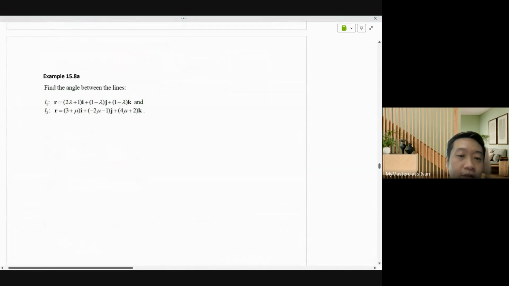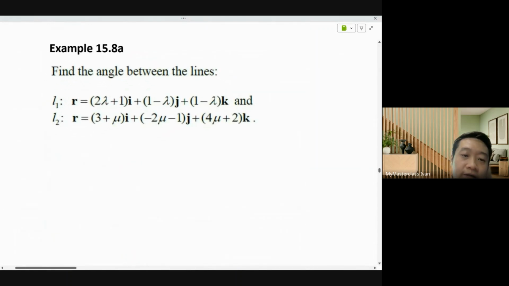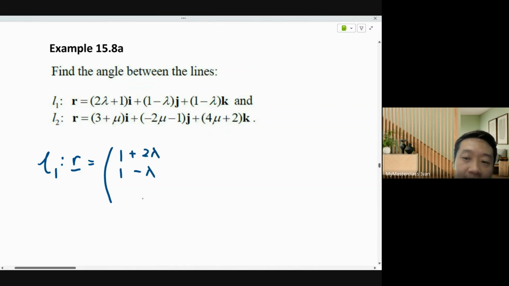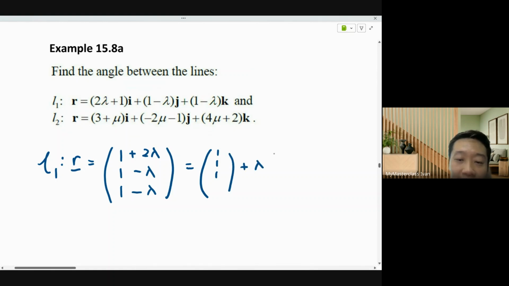So this is more of a recap for the previous one. L1 is r equals to, so they put this as i, right? So this is 1 plus 2 lambda, this is 1 minus lambda, and this is 1 minus lambda. So split this into a point plus direction: 1, 1, 1, plus lambda (2, minus 1, minus 1).